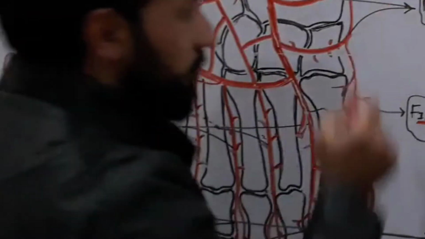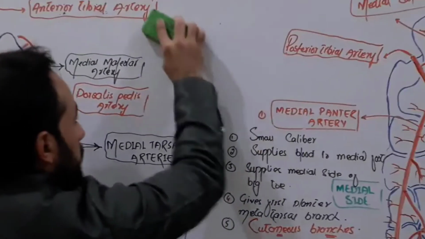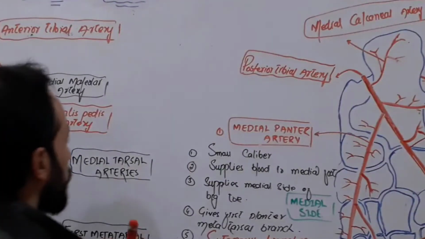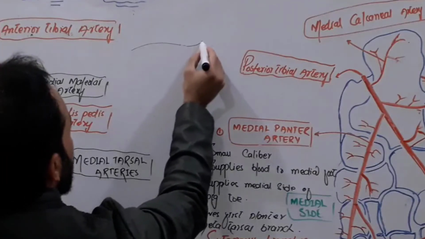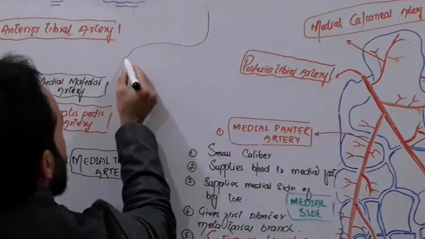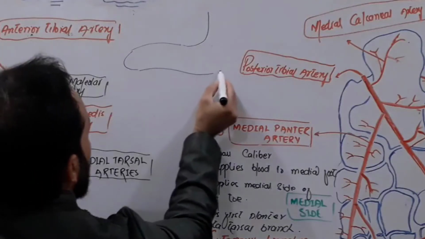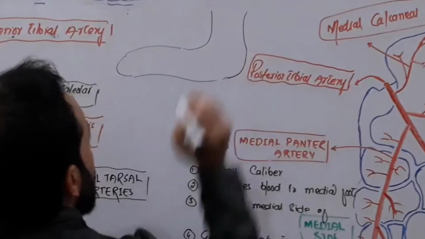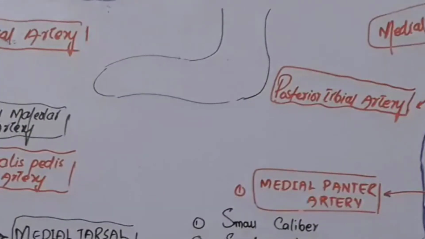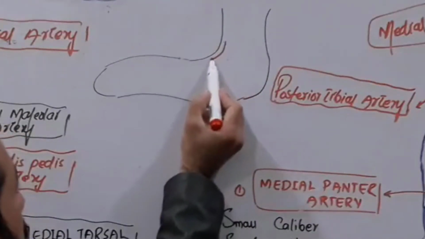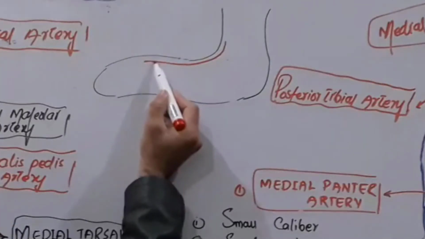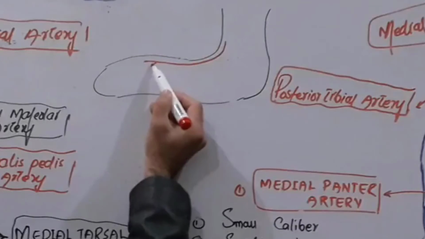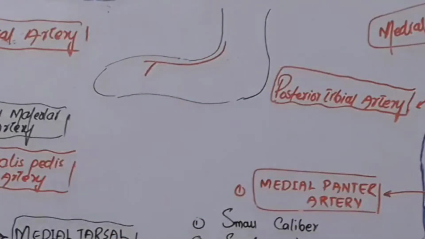I will draw a diagram here, then you will understand. Look carefully, my dear friends. For example, this is the foot, right? And this is our dorsalis pedis artery, and when it comes to the metatarsal area, the first metatarsal artery, it gives a branch which goes deep in the foot like this, right?